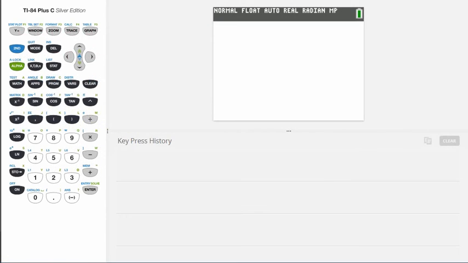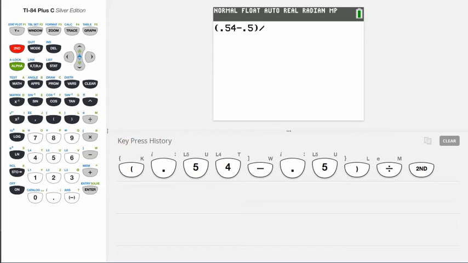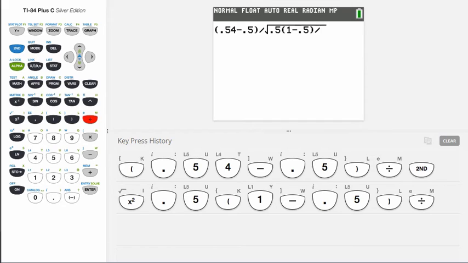Calculating, we want our numerator in parentheses, so open parenthesis, 0.54 minus 0.5, close parentheses, divided by square root 0.5 parenthesis 1 minus 0.5 close parenthesis, or you could have simply put times 0.5, divided by 750.